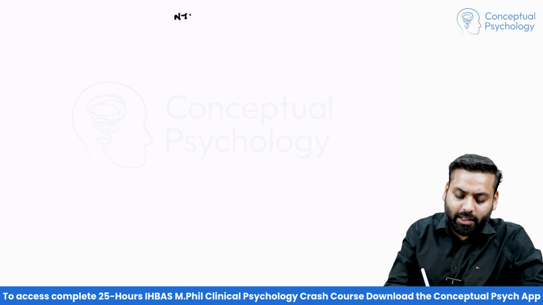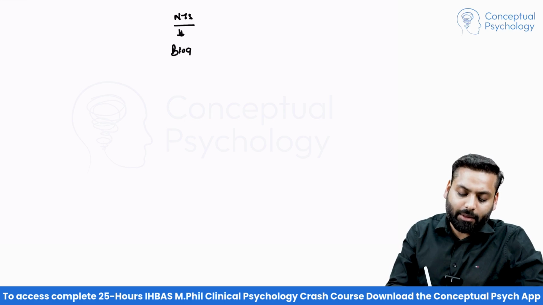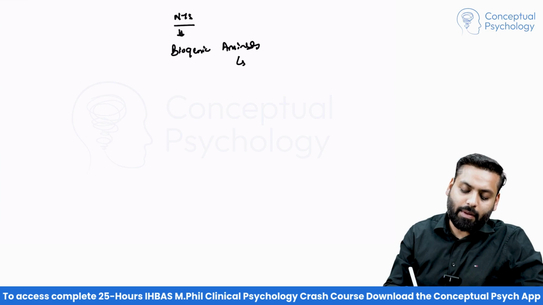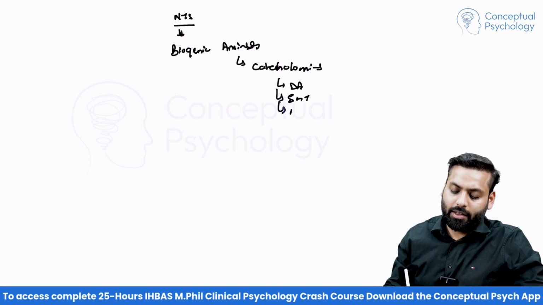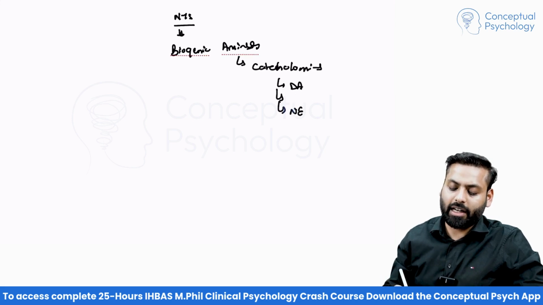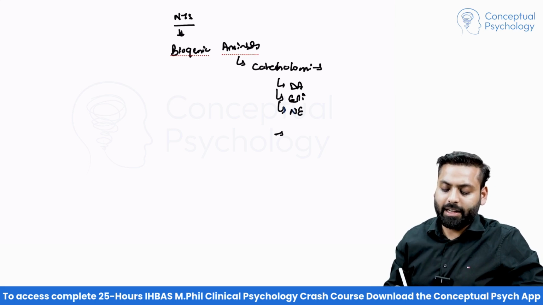Coming to neurotransmitters. See, when we talk about neurotransmitters, the main ones are your biogenic amines. Biogenic amines include catecholamines like dopamine, epinephrine, norepinephrine. Serotonin is not a catecholamine.